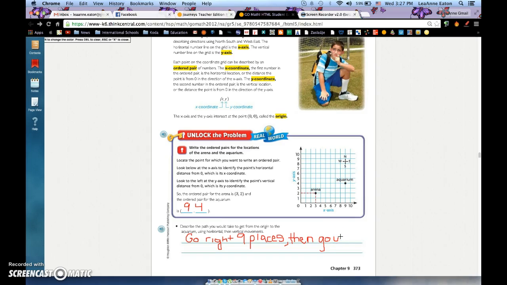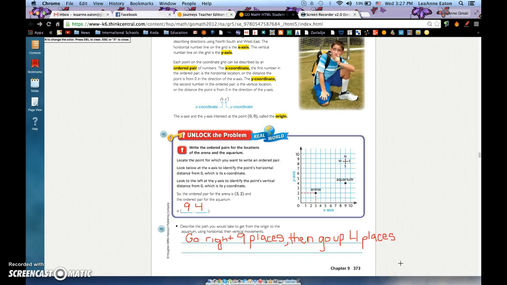Then go up. And how many places do we have to go up? We have to go up 4 places because our ordered pair is 9, 4. And mine went off the board. Not bad writing for a trackpad, I think. Okay. So go right 9 places, then go up 4 places.